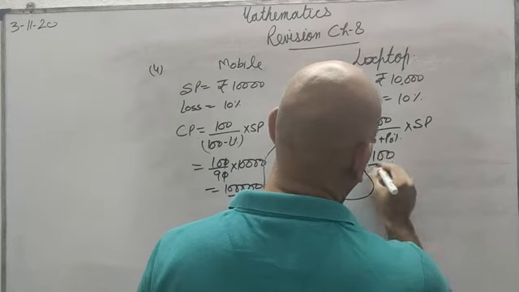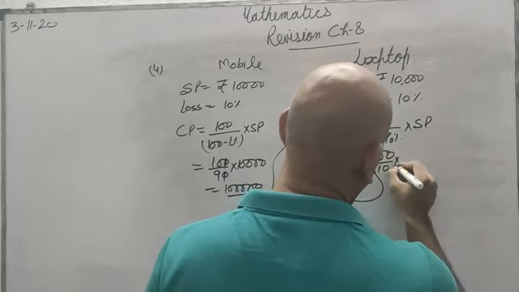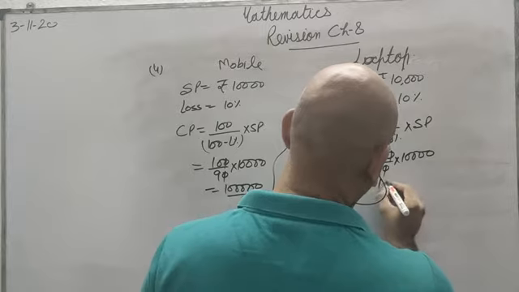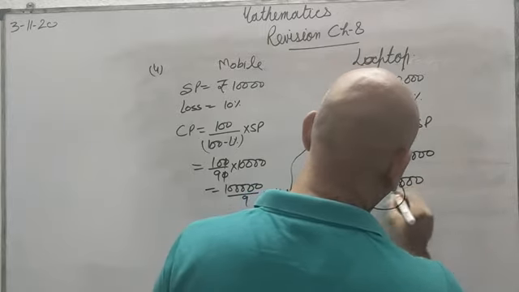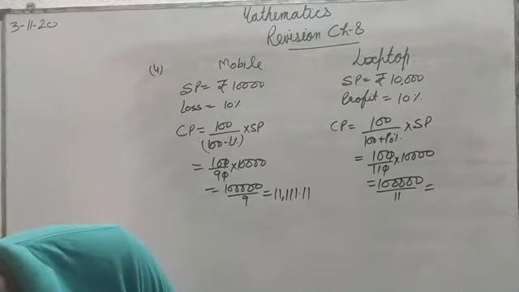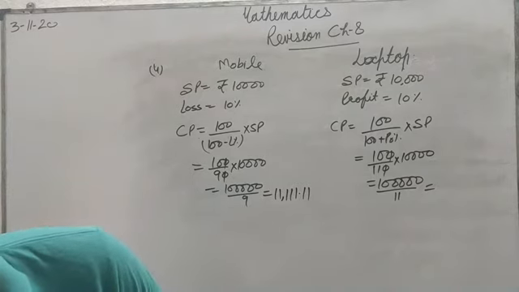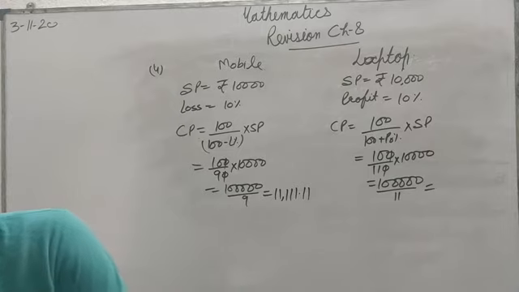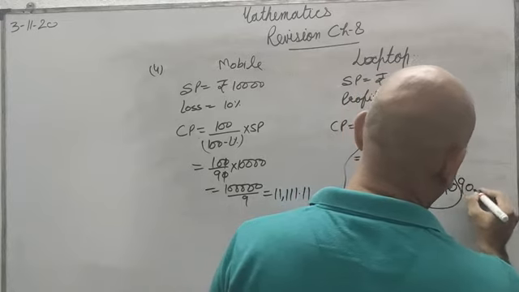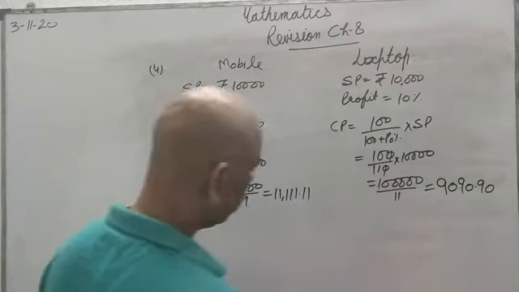Okay. On the other hand, 100 plus 10 is 110 into 10,000. This is divided by. So this time 1 lakh will be divided by 11. So this time 1 lakh divided by 11 gives me 9,090.90.